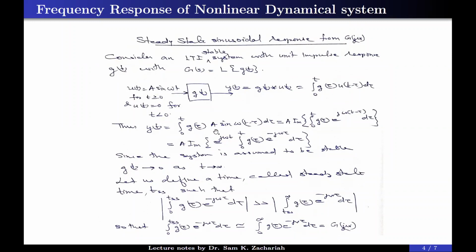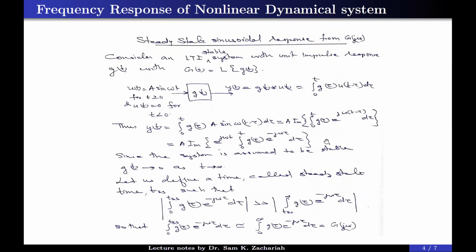the integral from 0 to t of g(tau) A sin omega(t minus tau). u(t minus tau) is replaced by A sin omega(t minus tau) d tau, which equals A times the imaginary part of the integral from 0 to t of g(tau) e raised to j omega(t minus tau) d tau, because you know that Euler's theorem says e raised to j theta is equal to cos theta plus j sin theta.